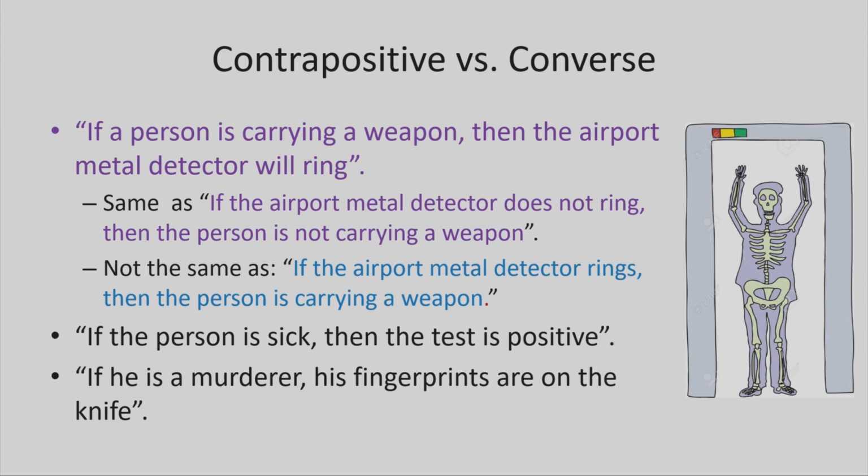Well, think about it. Who knows, maybe the murderer took the knife from the kitchen and the chef's fingerprints are on the knife. That doesn't make the chef a murderer. That may make the chef a victim, if anything. So even though if he is a murderer, his fingerprints are on the knife, would be logically correct, inferring from this that the fingerprints that you found on the knife belong to the murderer is really not logical.